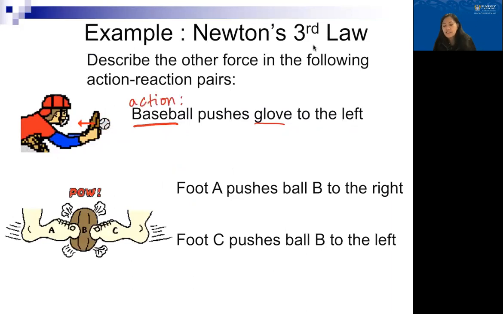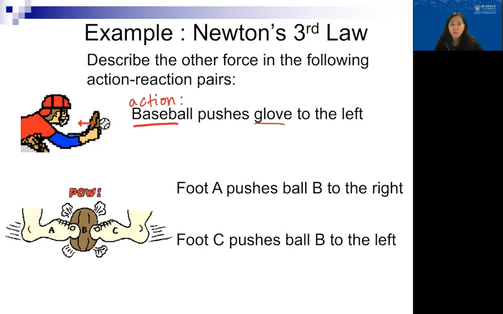The action force is that the baseball pushes the glove to the left. What would be the reaction force for this interaction, according to Newton's third law of motion? Feel free to type your responses in the chat box.